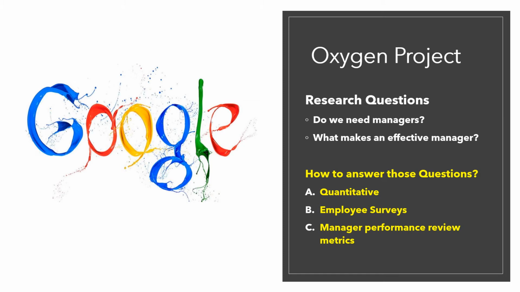They found from those surveys that the majority of their employees did think that managers were essential and they were needed within the organizational structure. So the second question was, if they do matter, and they found out that they do matter, what can we do to find out what makes an effective manager?